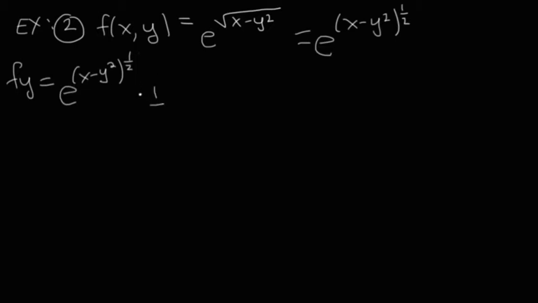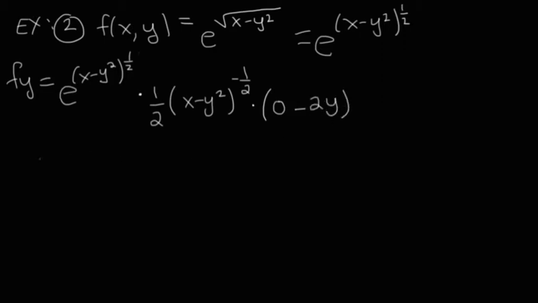Well, the derivative of the exponent is a chain rule. So I bring the half down, keep the inside the same, take 1 away from the exponent. And then I'm going to multiply by the derivative of the inside. And again, in the derivative of the inside, x is a lone constant. It's not being multiplied by a function of y. So the x becomes a 0. And I'm going to do minus, and then the derivative of y squared is 2y.